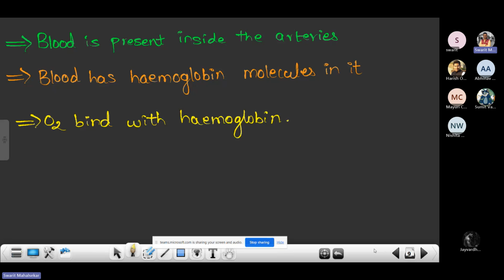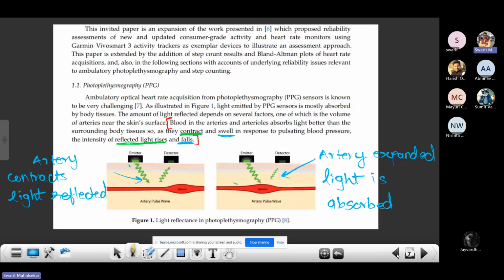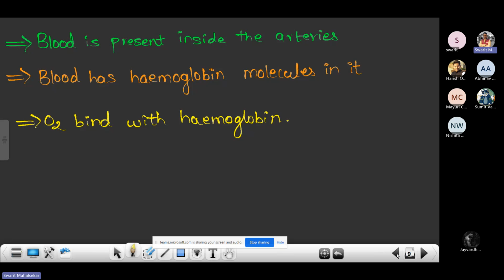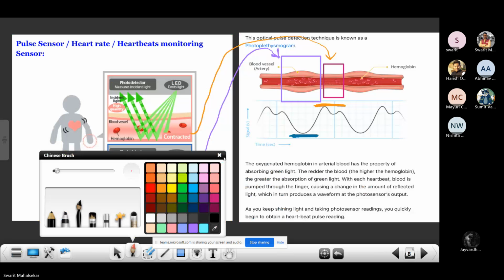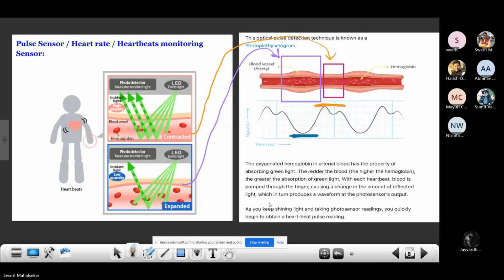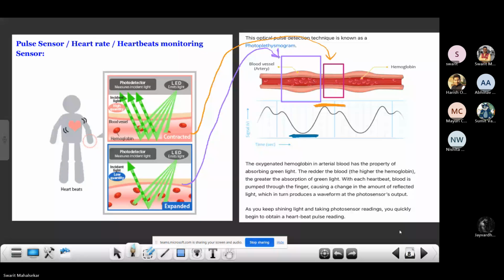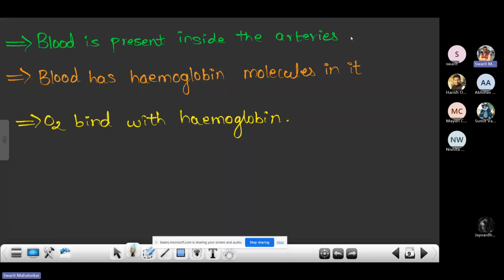Now again we'll try to revise the entire concept, which will help us understand how to process further. As I had mentioned, as my arteries are expanding, what is going to happen?